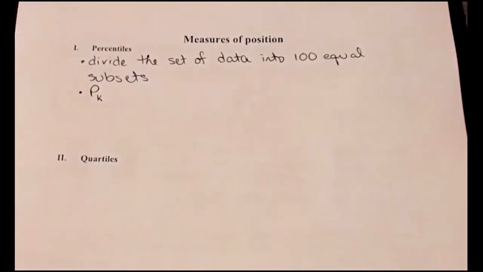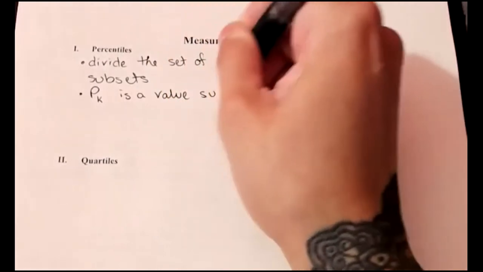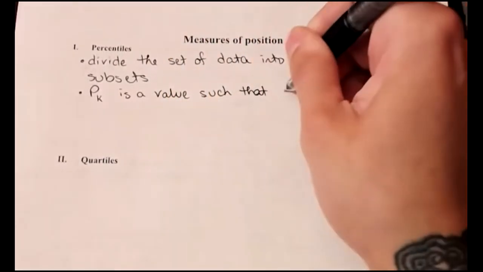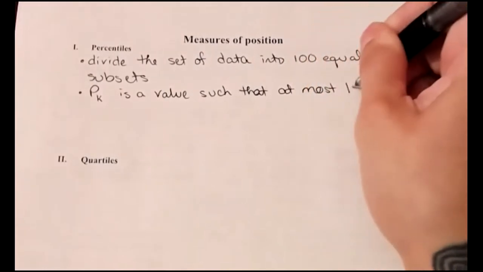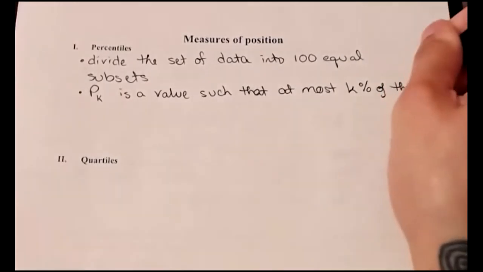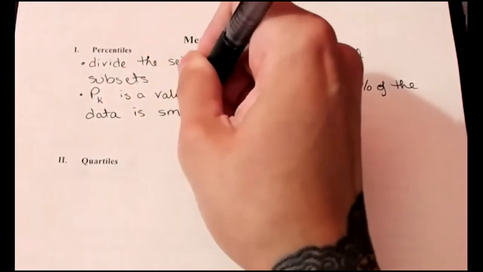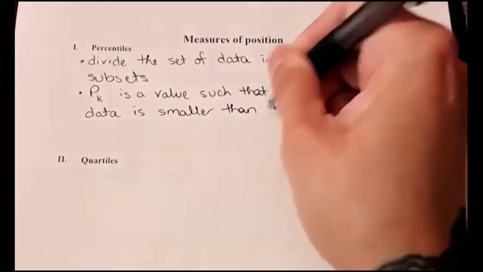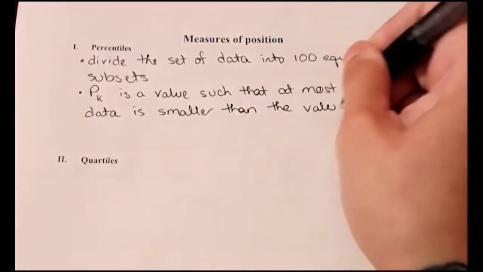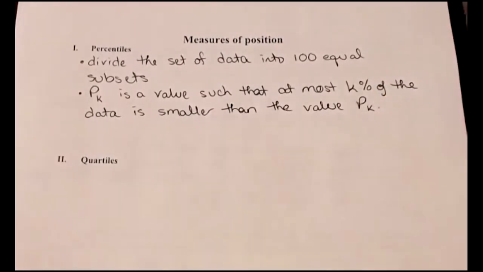The notation is P sub K, a P with a subscript K. P sub K is a value such that at most K% of the data is smaller than the value P sub K, and I'll explain that in a second.